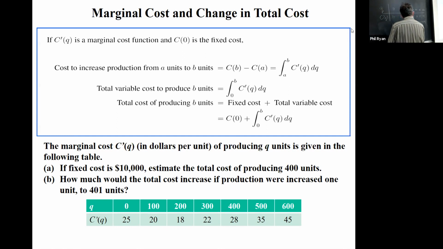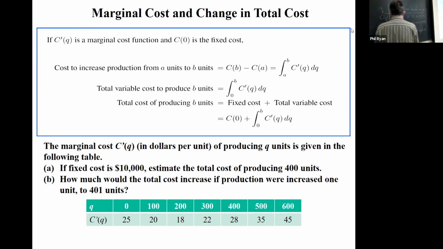Now it's 20 plus 18 plus 22 plus 28 plus 35 plus 45, which equals, well, this is just 20 more than this. I think 16,800.